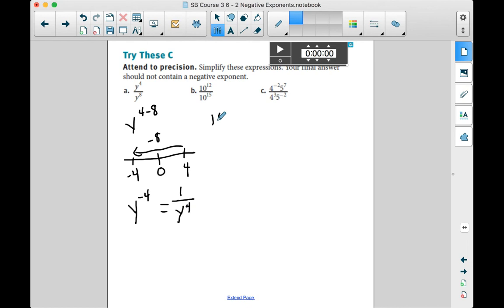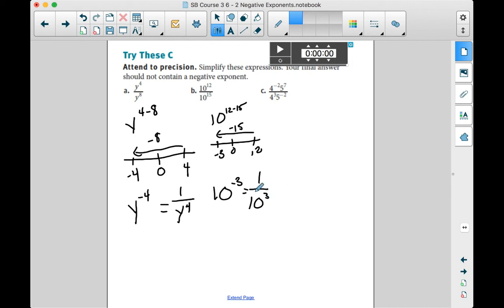Same thing here. 12 minus 15 becomes, and if I'm on my number line, if I'm at 12 and I'm taking away 15, I end up at negative 3, because same signs add, different signs subtract. So I have 10 to the power of negative 3, which is equivalent to writing it with a positive exponent as its reciprocal.